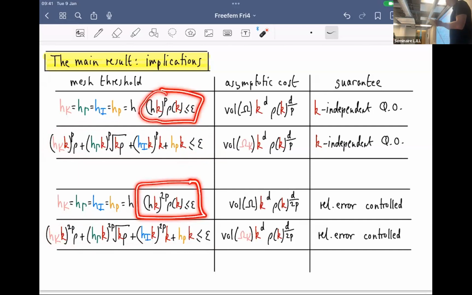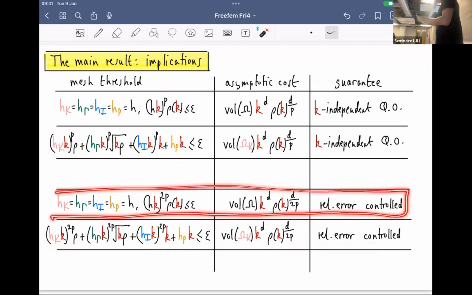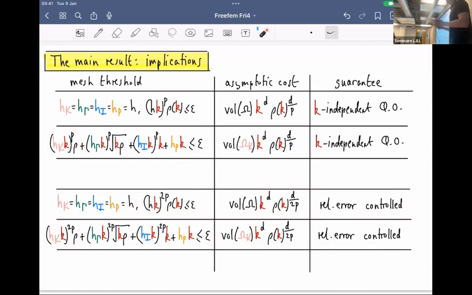So if I had longer, I would have got you all to guess what that condition for the relative error being controlled was. And again, this has some smaller asymptotic cost, and what's happening is that when I take a uniform mesh, I'm getting smaller error away from the trapping. That's what that's giving you.